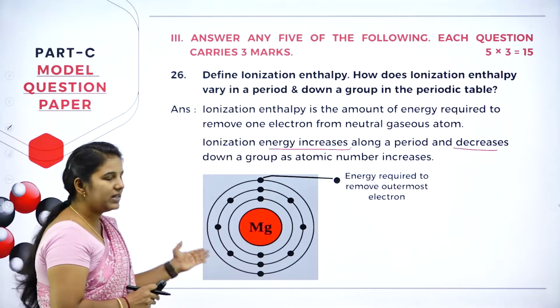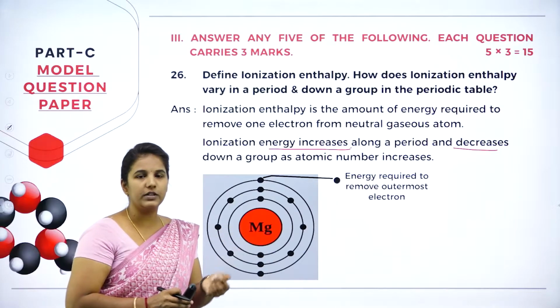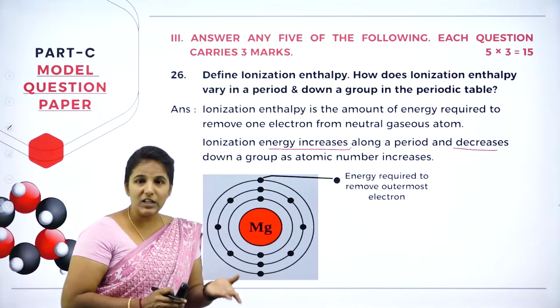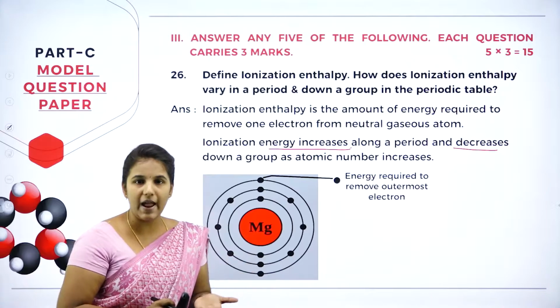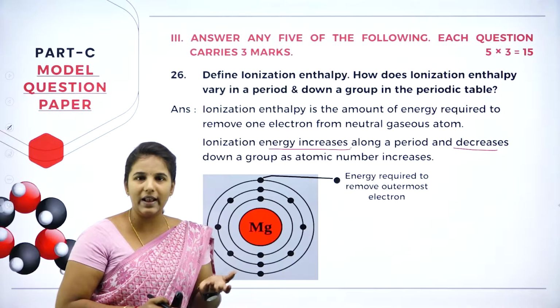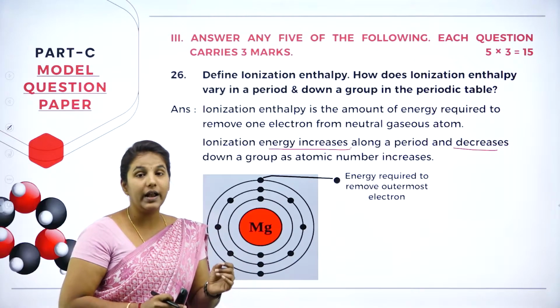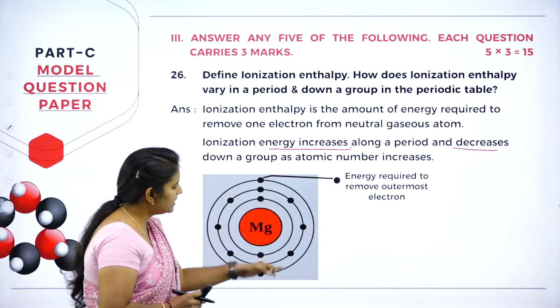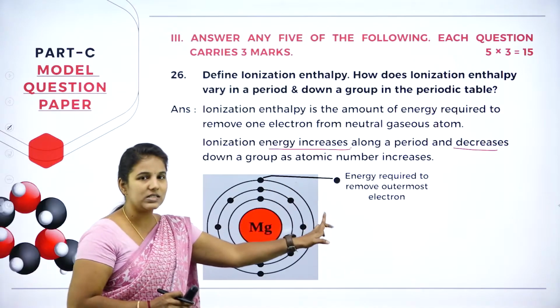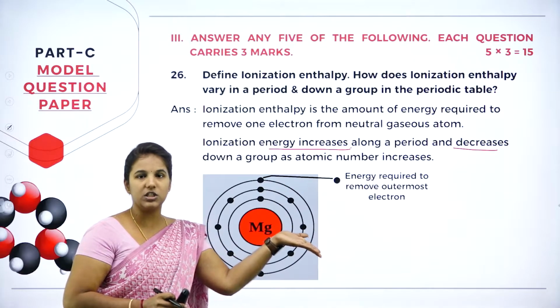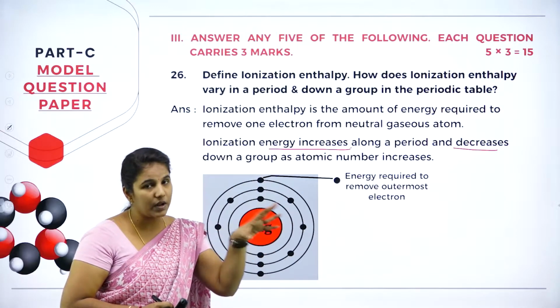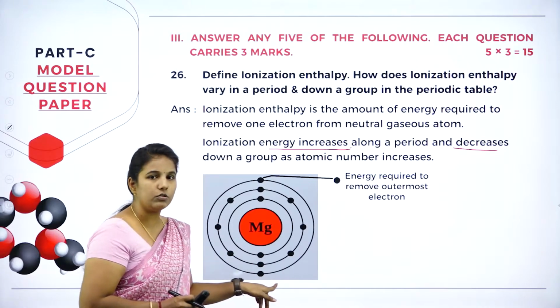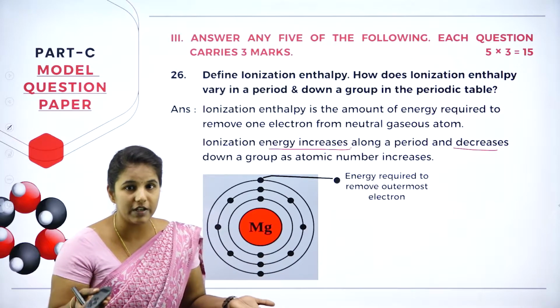Here you can understand this by taking magnesium. Magnesium is a neutral atom consisting of 12 electrons. In the outermost shell, how many electrons does it have? 2 electrons. The energy required to remove this last electron is known as first ionization energy, and the energy required to remove one more electron from the outermost shell is known as second ionization energy.